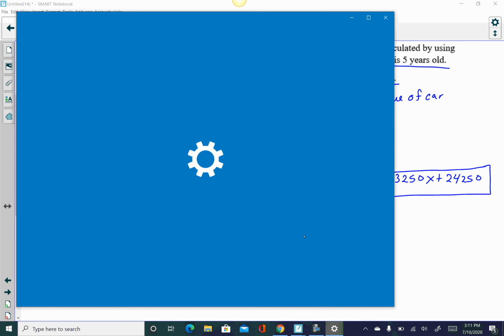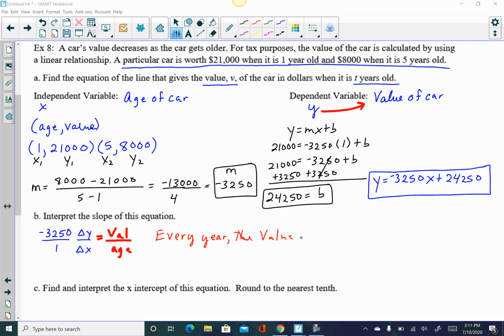Every year the value of the car decreases by $3,250.